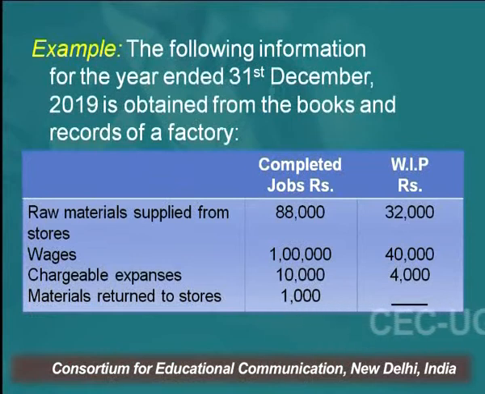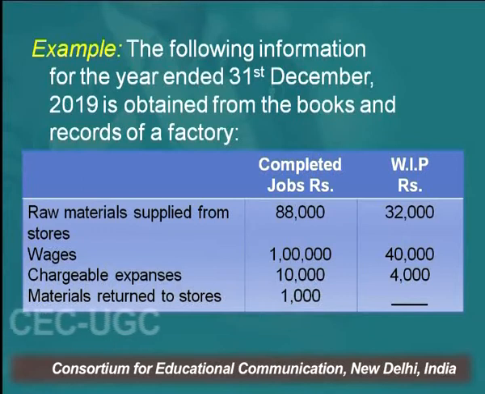Completed jobs and work in progress. Raw materials supplied from stores, 88,000 and 32,000. Wages, 1 lakh rupees and 40,000 rupees. Chargeable expenses, 10,000 rupees and 4,000 rupees.